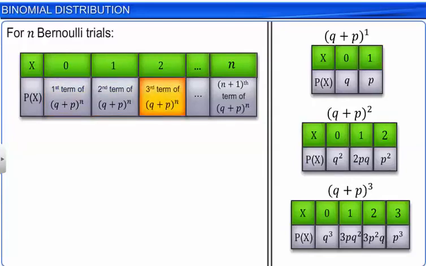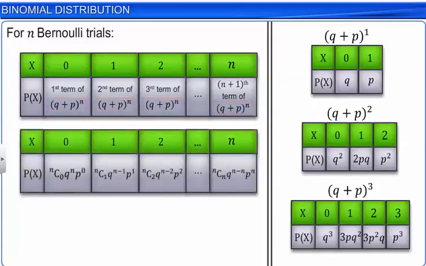The terms of the binomial expansion of (Q plus P) whole raised to the power n are shown. This probability distribution of a random variable X is called a binomial distribution.